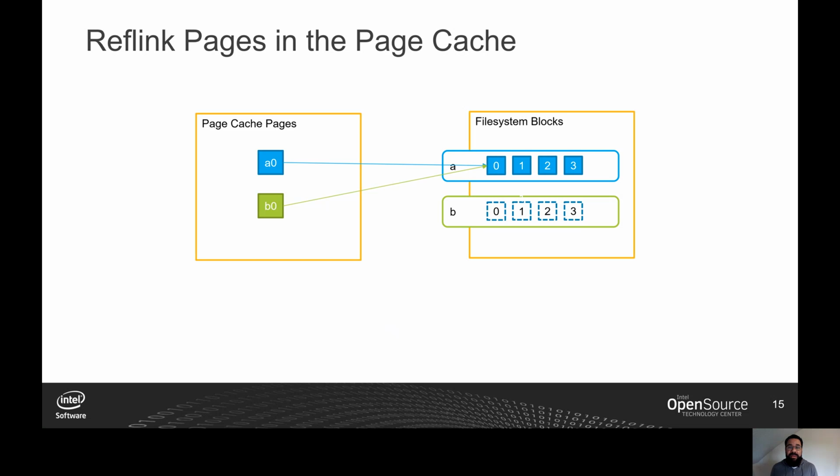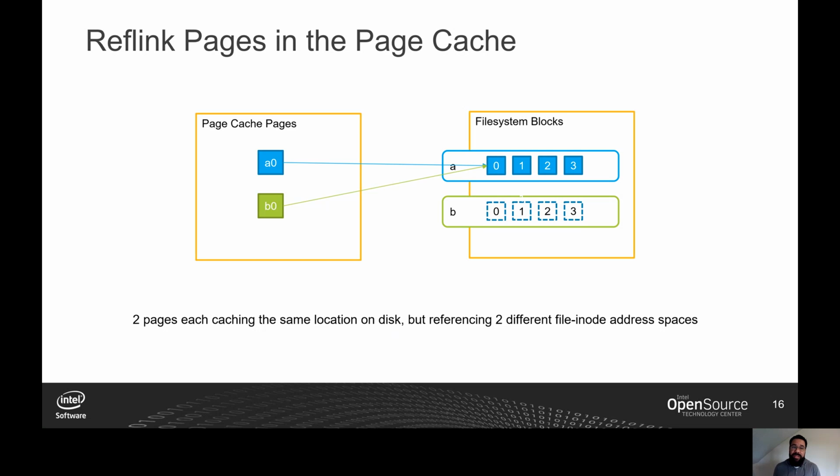They just happen to be pointing back to the same physical block, but they have metadata representing where they came from. So the A0 page came from the first block of file A, and the B0 page came from the first block of file B, even though they're sharing some physical space. So the page cache duplicates data, even though it's not duplicated on storage.